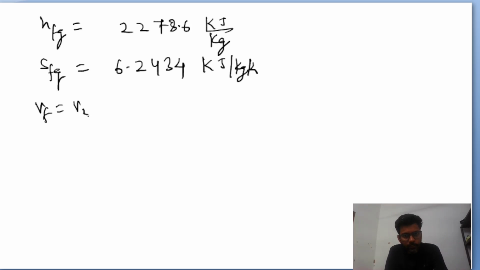Vf is equal to V3, which is 0.001037 meter cube per kg.